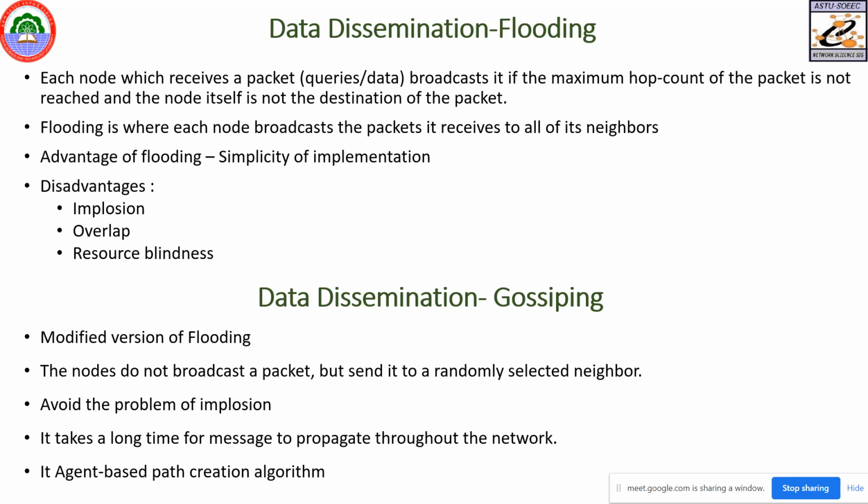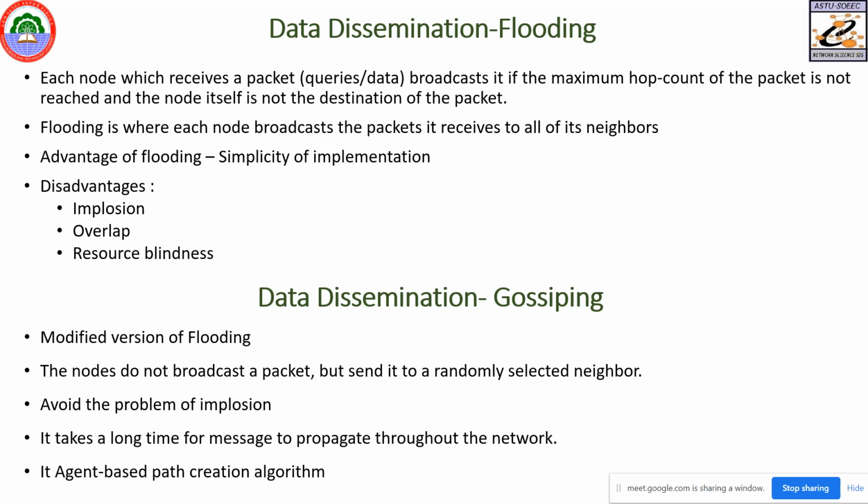Up to what level are these nodes going to be broadcast to? That means there is a hop count, that is the number of hops between source and destination. We may fix how many nodes can be chosen between source and destination during that particular transmission. If the hop count reaches the maximum level, it will not disseminate any data.